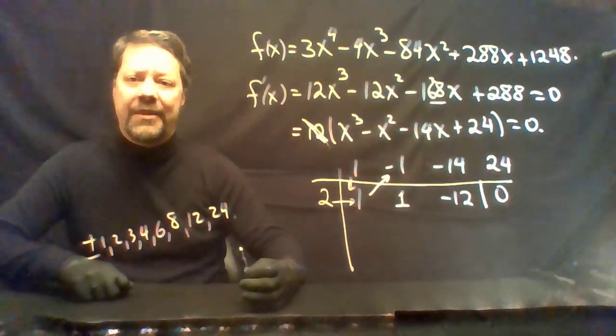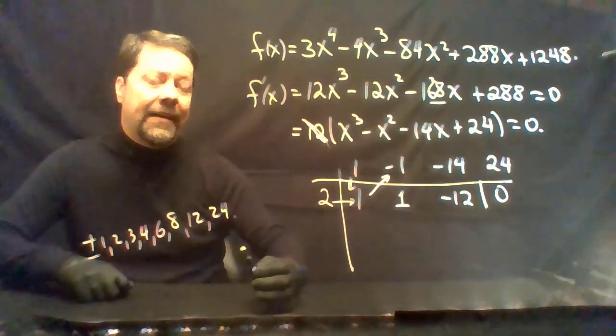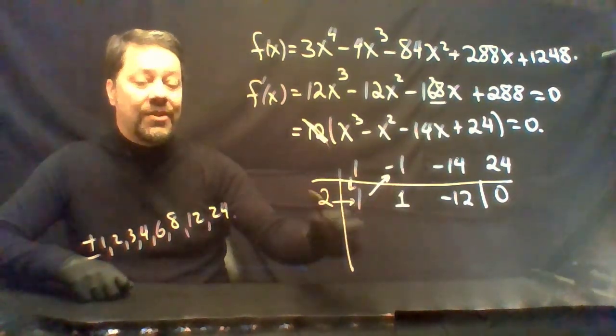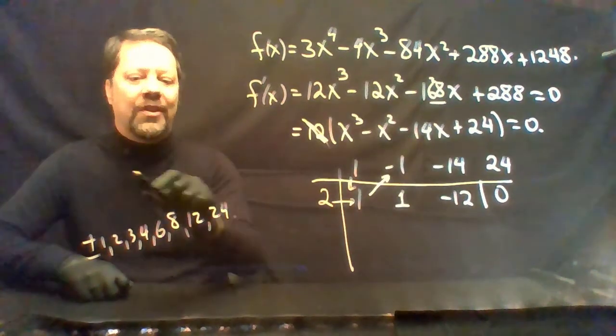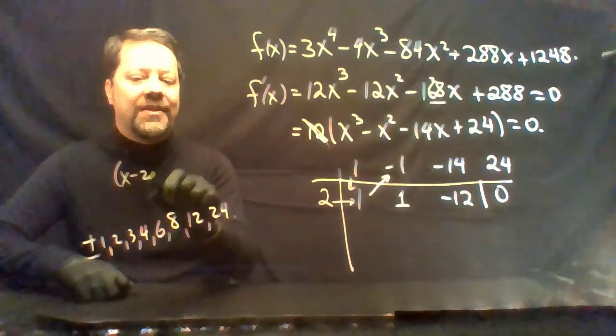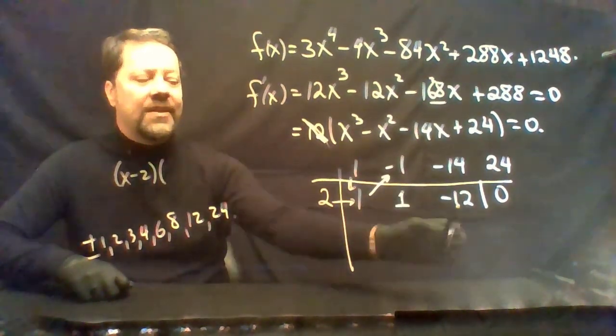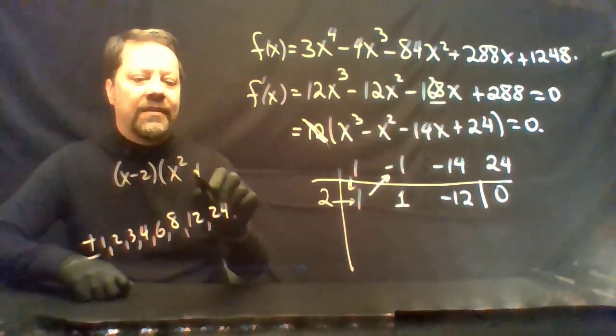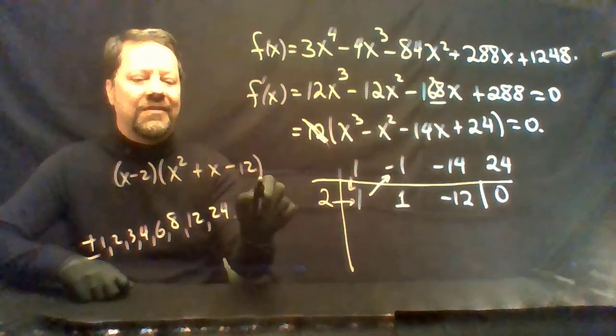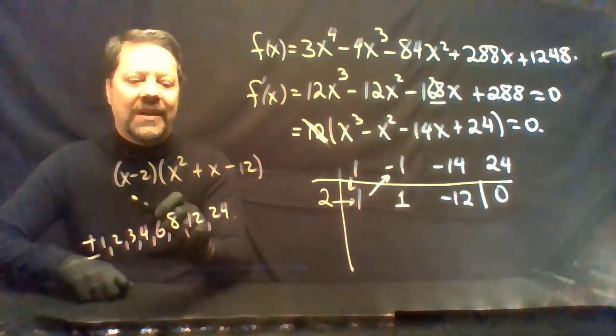Because we're getting this remainder of 0, that's the function value. That means 2 is a root. It also means that our polynomial factors as x minus 2 times the quadratic with coefficients here, x squared plus x minus 12.